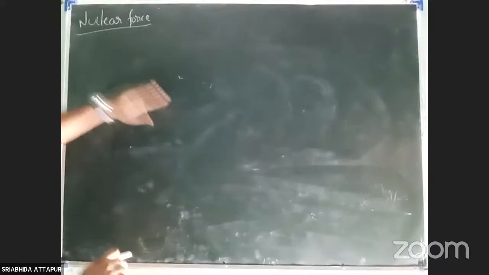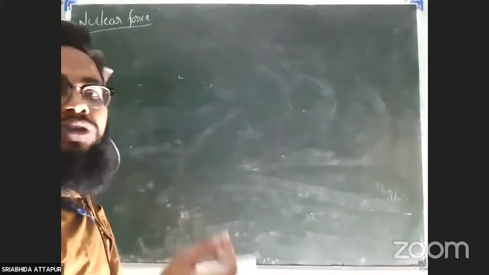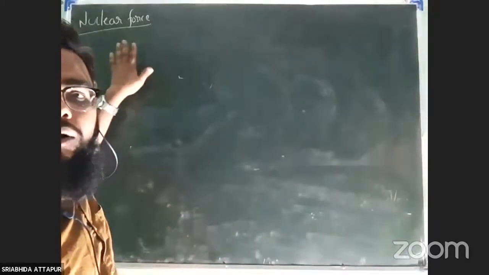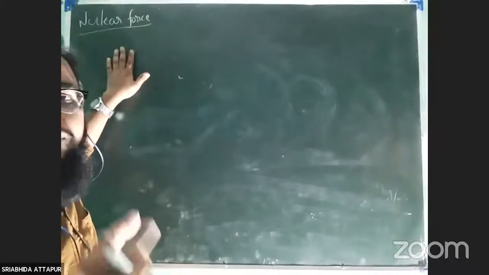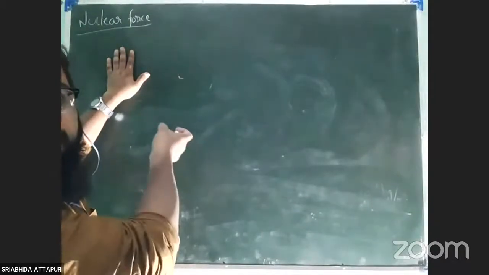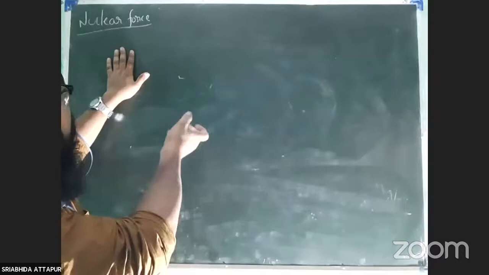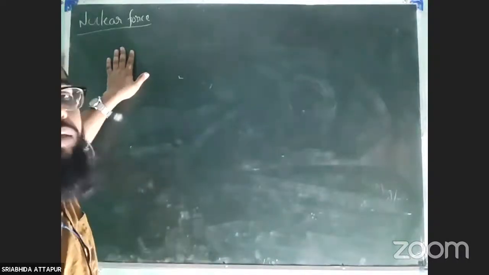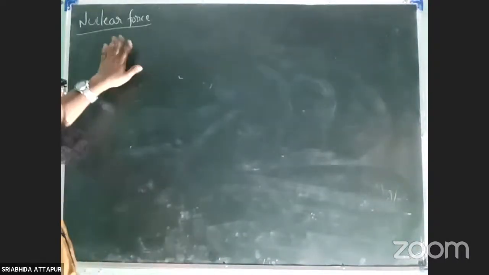How? Please see. If you want, you can write it in your language. This is a short range force, and it becomes significant when the distance between any two particles, neutron, proton, or any two of these, becomes very small. Then only this force will become significant.